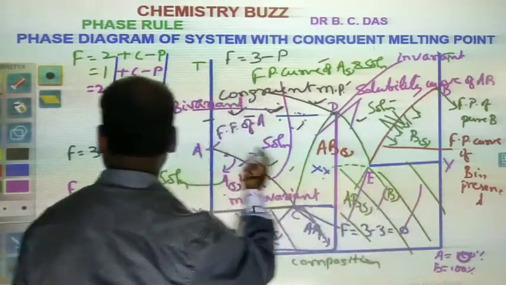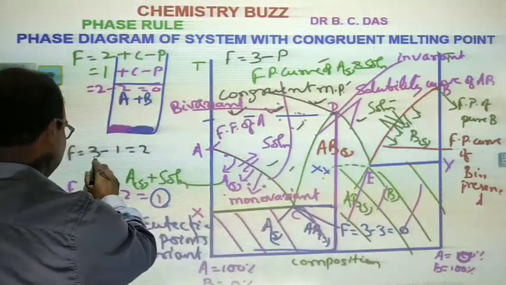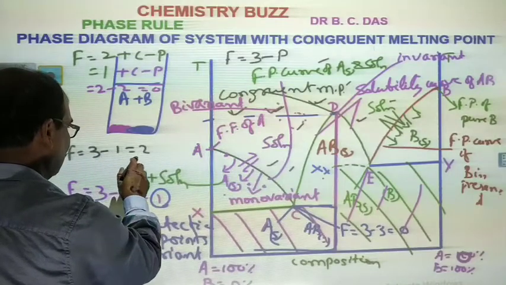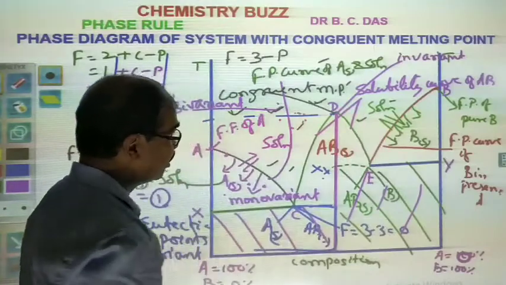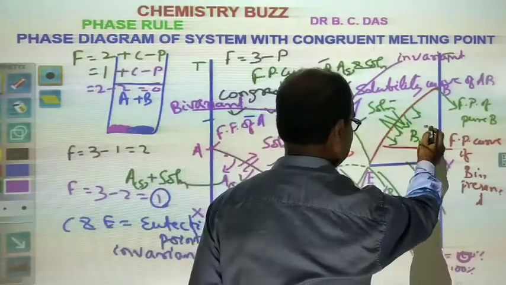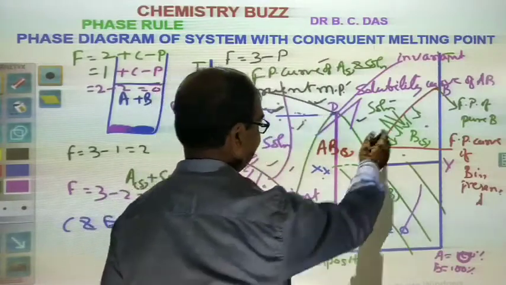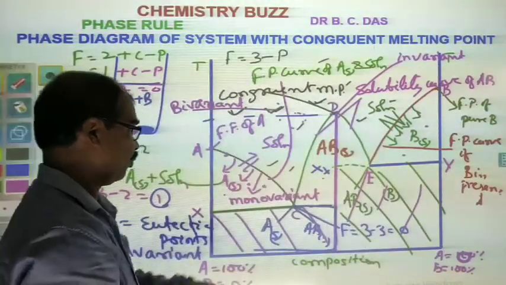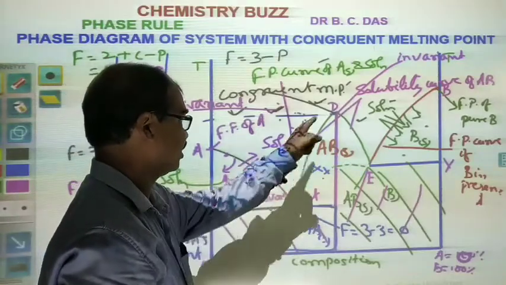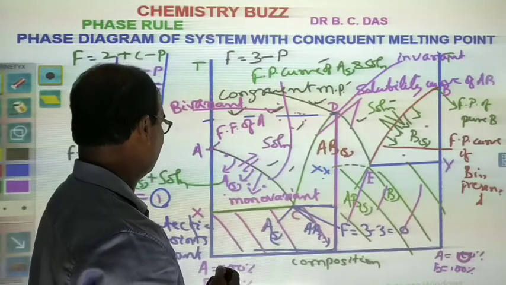When 2 phases are there, it is also monovariant, because 3 minus 2 is 1. So this region is also monovariant, and we sum up that the 3 points, two eutectic and the congruent, are invariant.